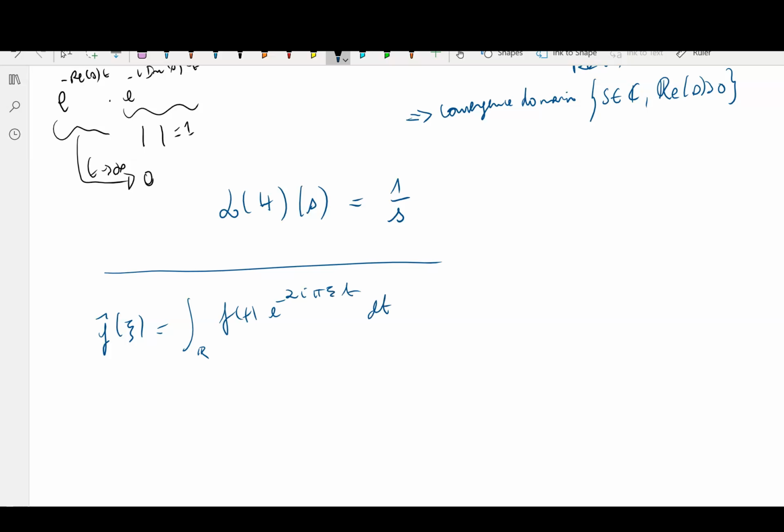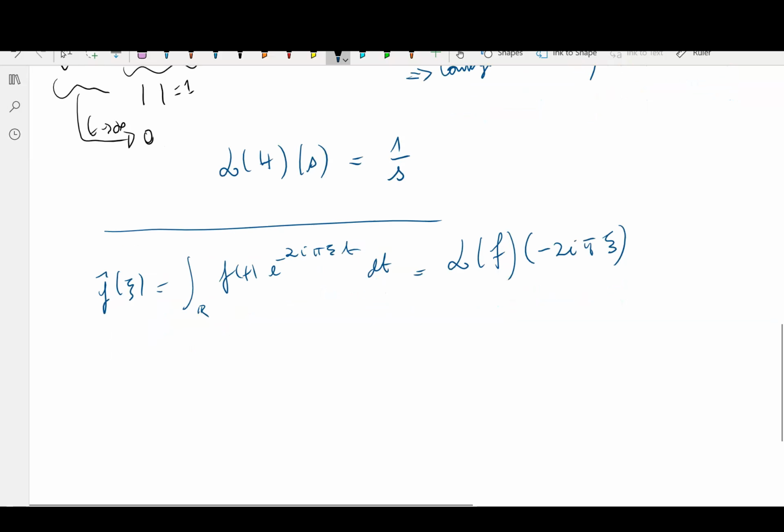That's actually going to be the Laplace transform of this function f, if we discuss its convergence domain, applied to minus 2i pi psi instead of applying it to any complex number s.